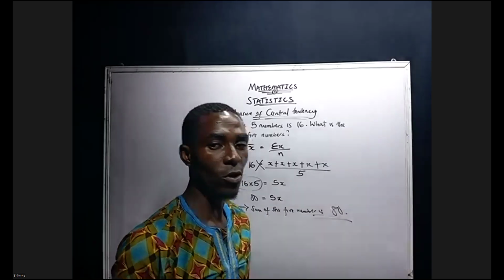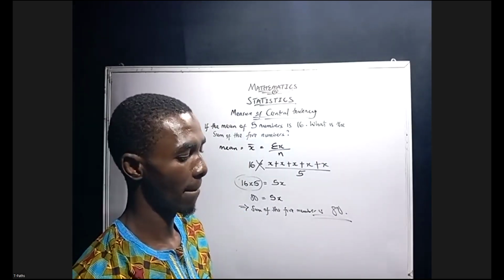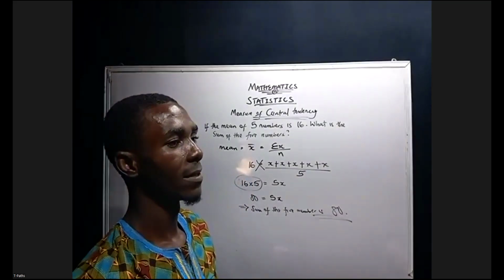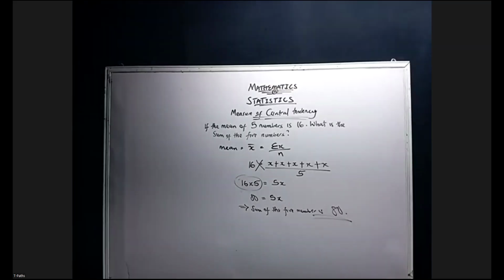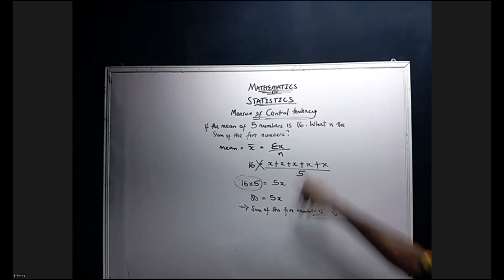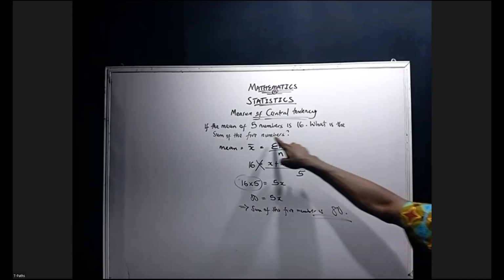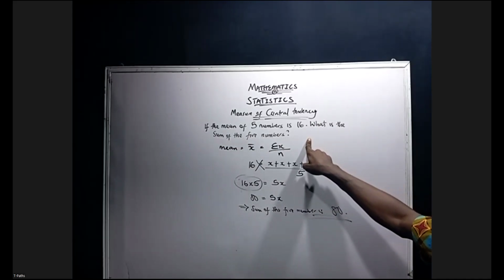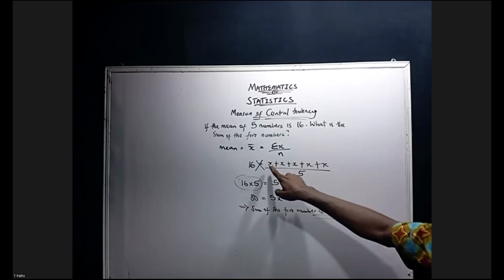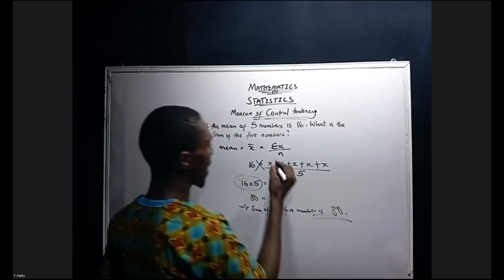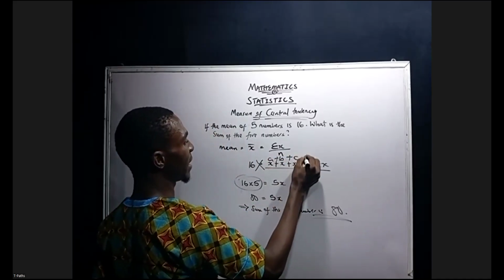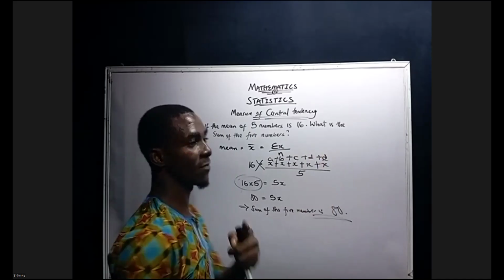Is it well clear to you? I don't understand. You don't understand where? Like the last one, you said the sum is equal to 8. I thought we were going to divide it by 5. No, the question asks us what is the sum of the 5 numbers. If I did not replace this with an equal value x and I change it to be a plus b plus c plus d plus e, will you still divide by 5?